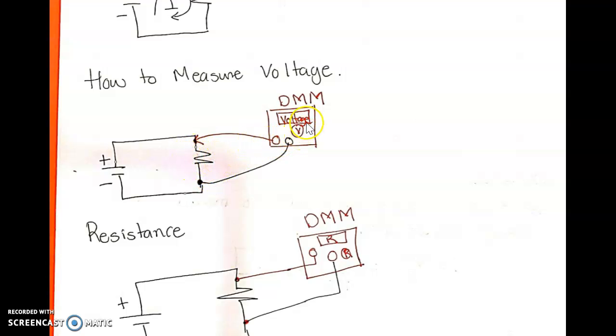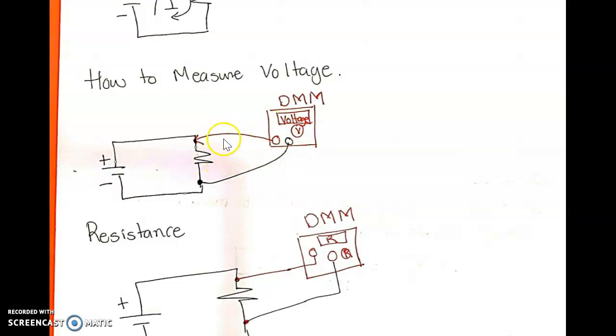We put our DMM into the voltage reading setting. Then we put the positive lead, or the red lead, first, closest to the positive, and we put the negative, or the common, on the other side. If we follow this convention, we are going to get a positive reading.